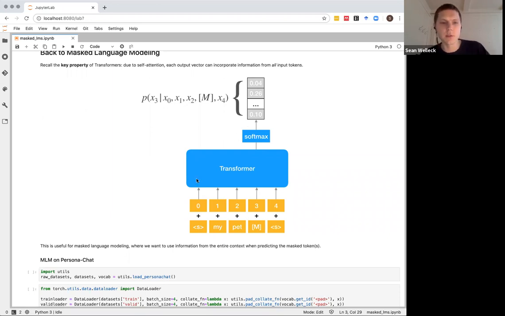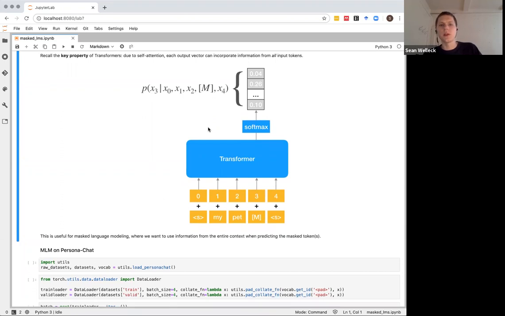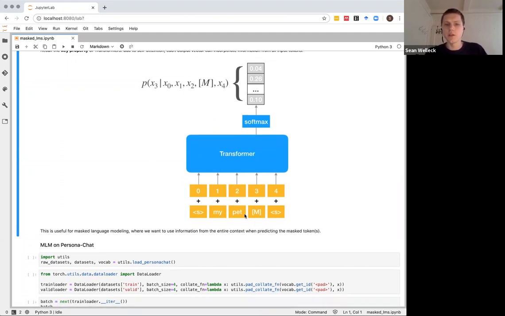And so masked language modeling, again, is going to look like something here, where we mask one of the input tokens, feed it through the network, and take the softmax, and then we get some distribution over that word given the masked input. And that's the masked language modeling problem. And of course, you could have multiple tokens that are masked in the input.